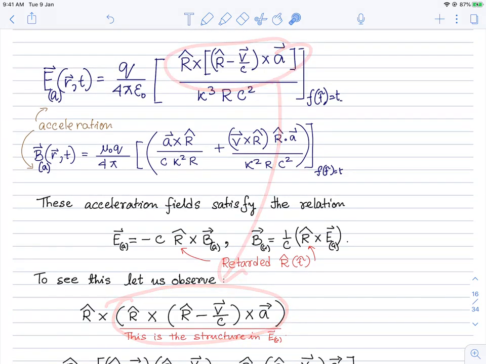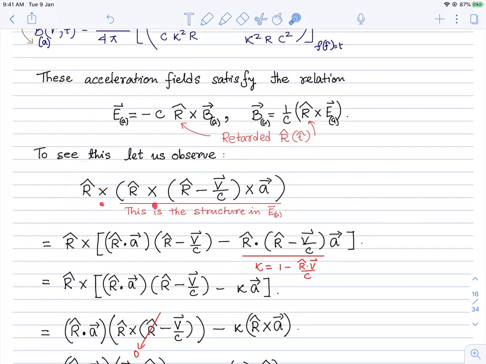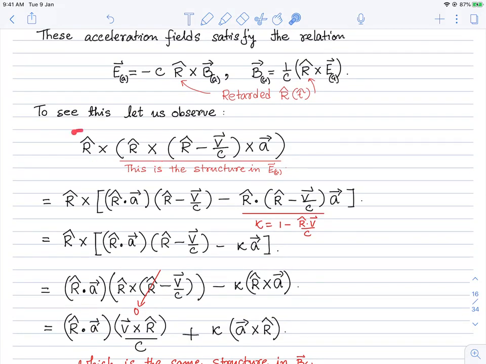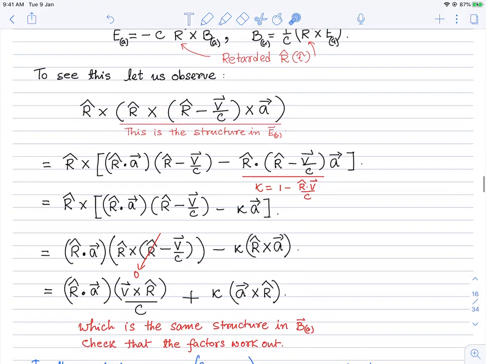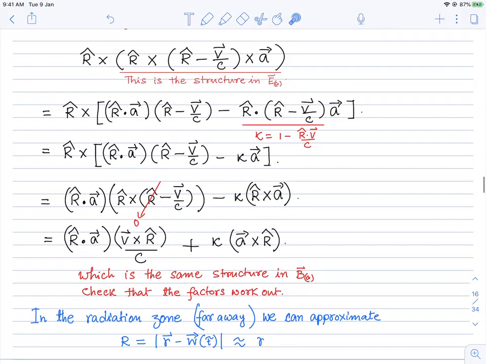If we take this structure and cross it with the R hat, we can do some simplification because there are too many cross products with R. We can take these two epsilons and we get two delta functions out of it. Therefore we get these two terms, and once we simplify again, using the fact that this object is kappa, and that R cross R is 0, this is just an algebraic exercise.